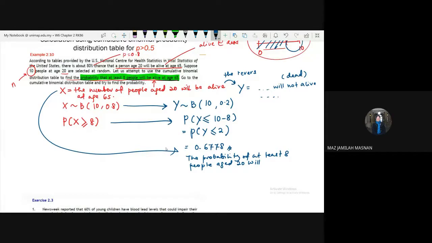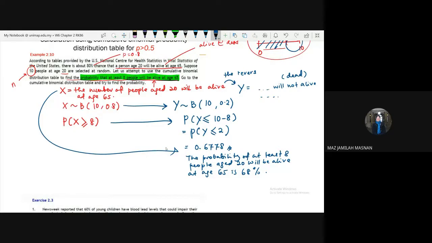So the probability of at least 8 people age 20 will be alive at age 65 is 68%, or precisely 67.8%, or just approximate to 68%. That's how we solve it if you have p greater than 0.5.